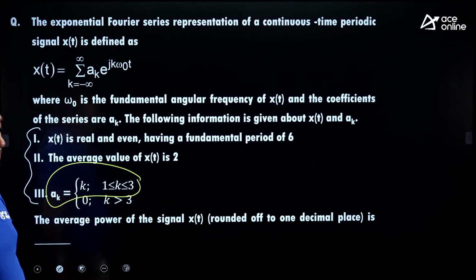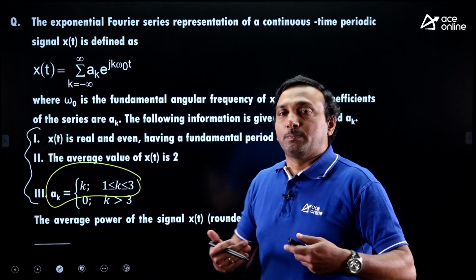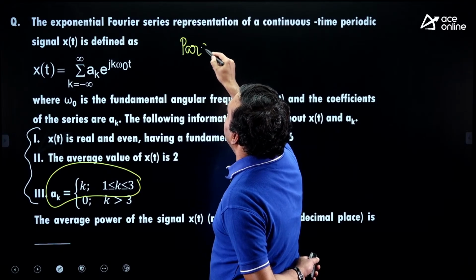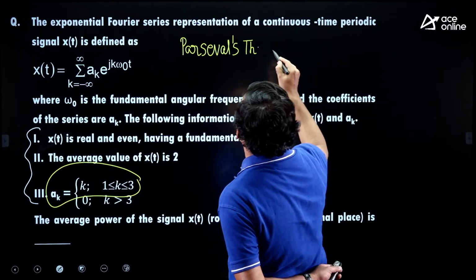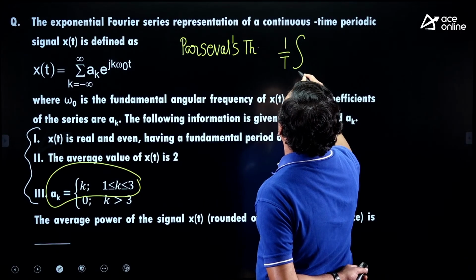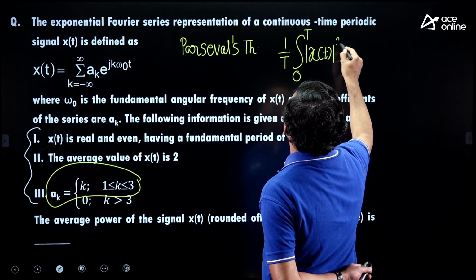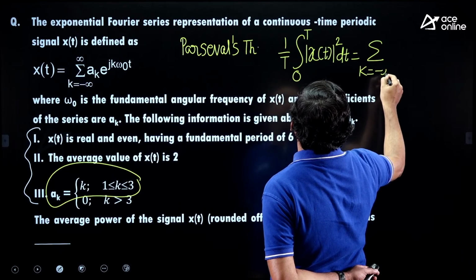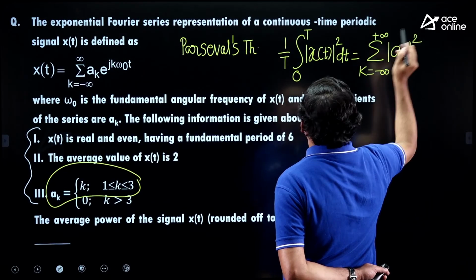What is the average power? He is asking for power by giving the spectrum. So that is Parseval's theorem. What is Parseval's theorem in Fourier series? 1 by T integral 0 to T mod x t whole square dt equals sigma minus infinity to infinity mod a k whole square.